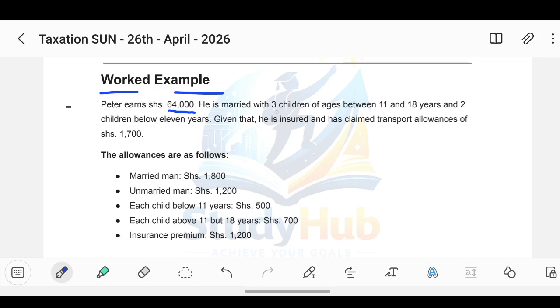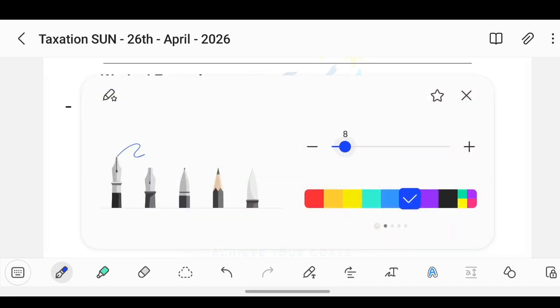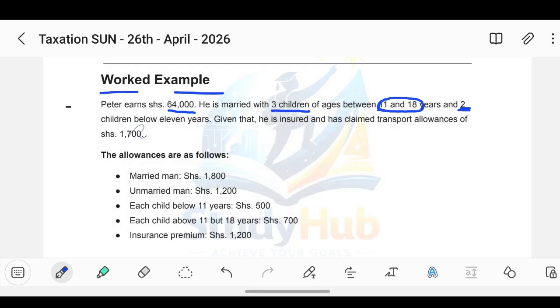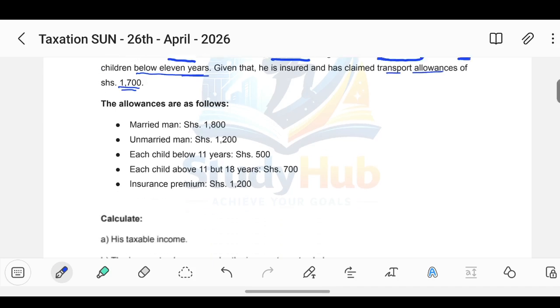So we have 3 aged between 11 and 18 and 2 children below 11 years. Given that he is insured and has claimed transport allowances of 1,700, so this is transport allowance 1,700. The allowances are as follows.